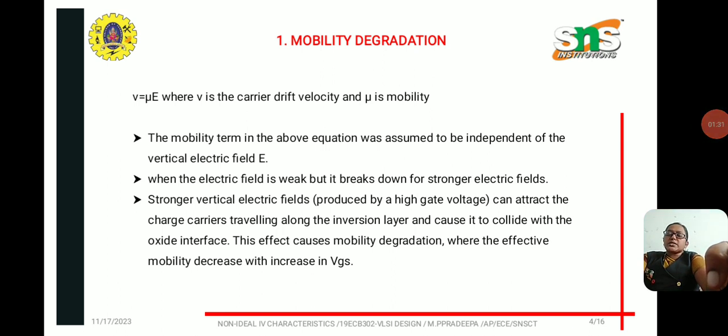The electrons flow from the source to drain. So that is the mobility degradation. While electrons move from source to drain, they will not follow a single path. They will scatter with other electrons. So the movement of the electrons in that pathway gets reduced. That particular process is called the mobility degradation.